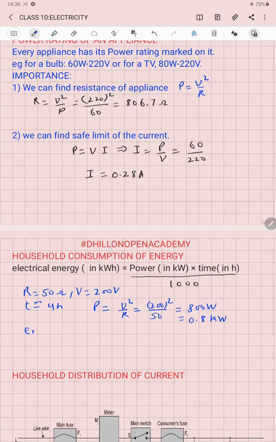Therefore, energy consumed in one day will be equal to power into time, 0.8 into 4, which is 3.2 kilowatt hour.